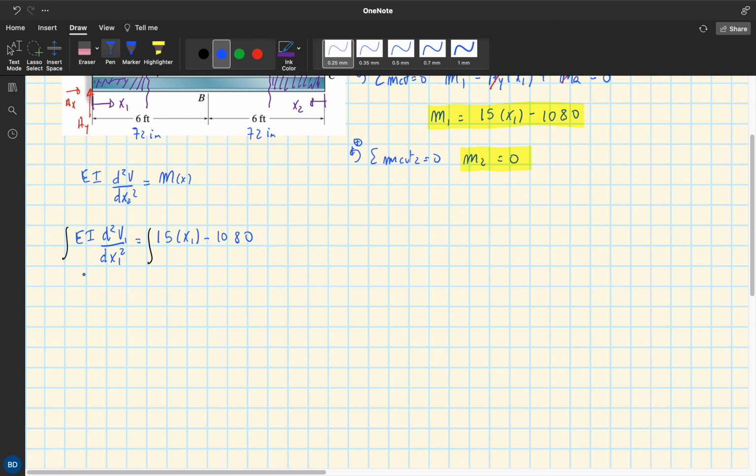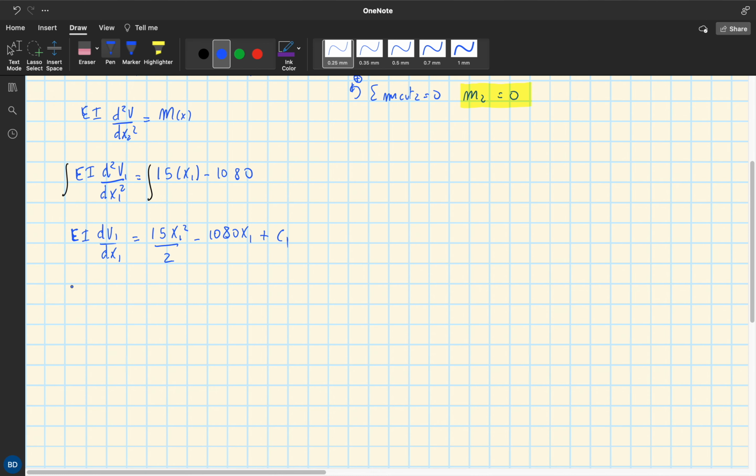When you take an integral here, we have EI dv1 over dx1 equal to 15 x1 squared over 2 minus 1080 x1 plus c1.